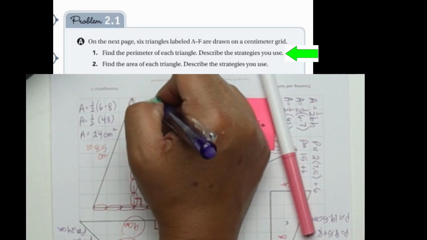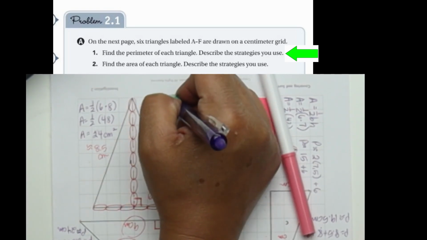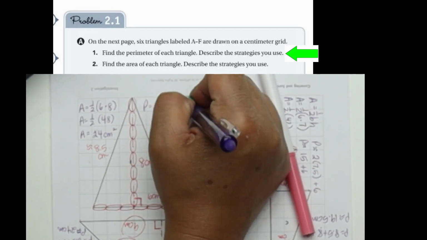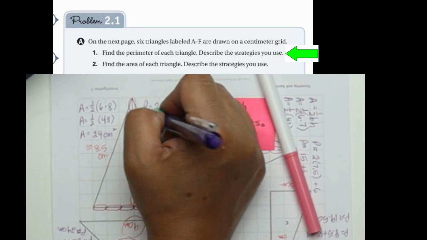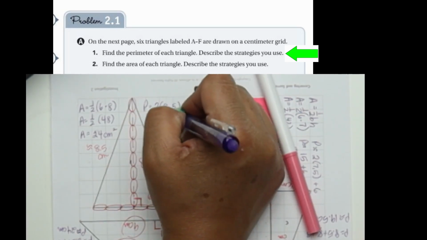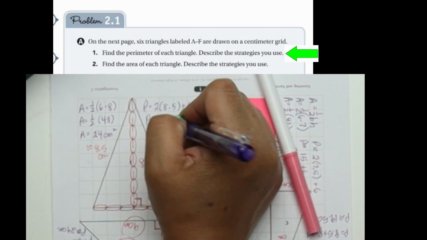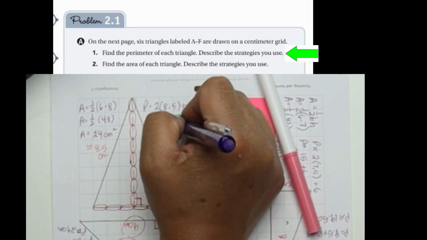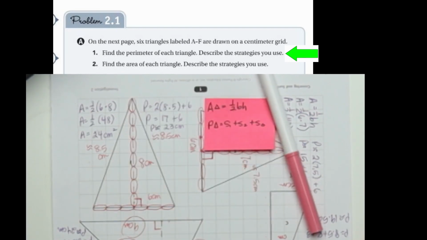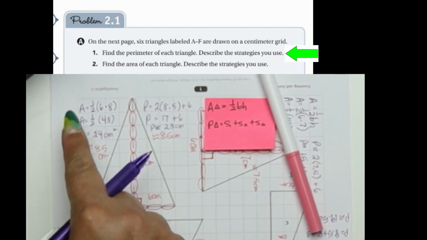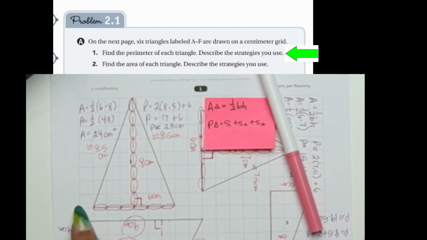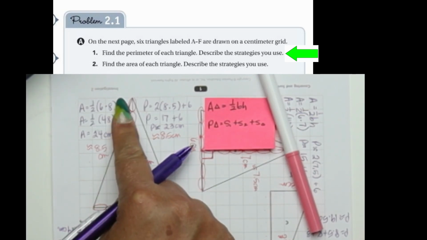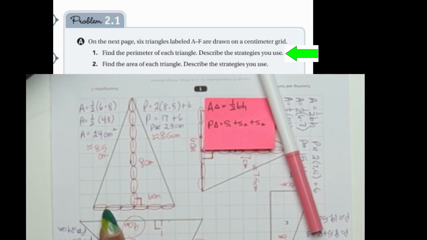Perimeter equals 2 times 8.5 plus 6. Perimeter equals 17 plus 6. Perimeter equals 23 centimeters, about 23 centimeters. And I did that by estimating the length of the diagonal sides and added that to the base.